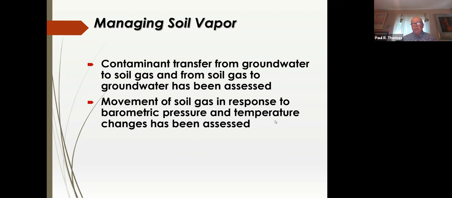And these vapors have the potential to migrate, usually laterally, and into structures. What we have found is that it's possible to predict with some degree of accuracy the physical processes that result in these gases volatilizing from groundwater into soil vapors and back into groundwater, depending upon temperature and barometric pressure fluctuations.